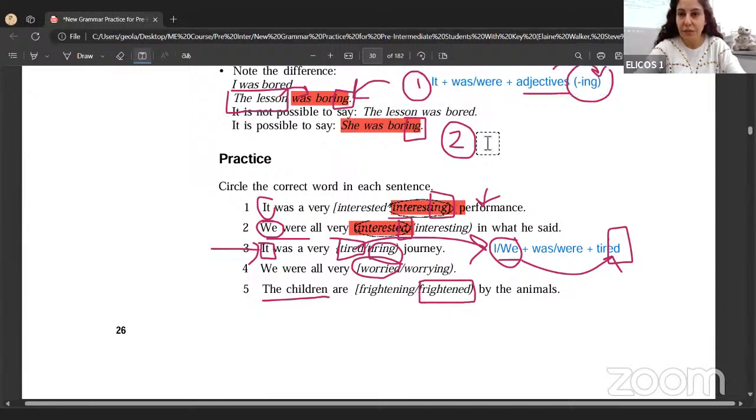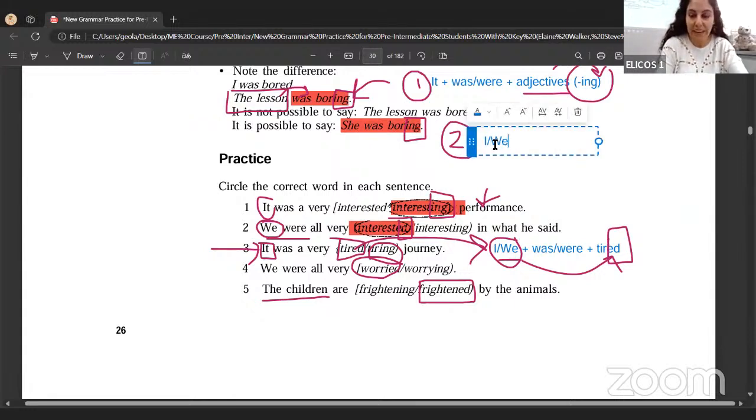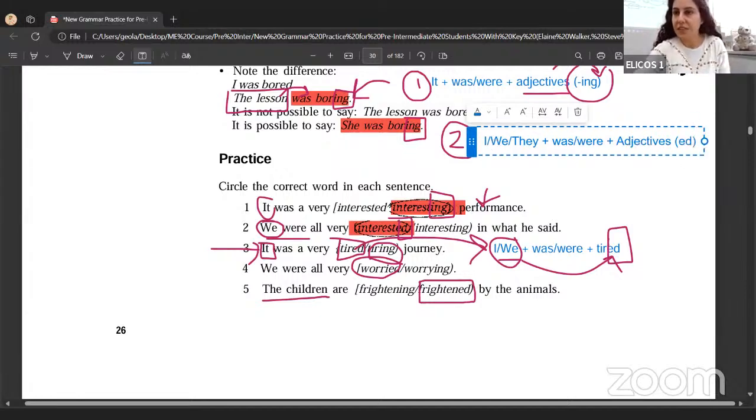But not just singular, because I, we, or they as the subject has plural. It has the ed. So I will just put adjective. It's more like an ed.